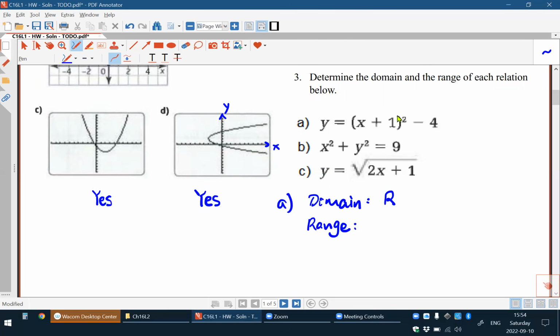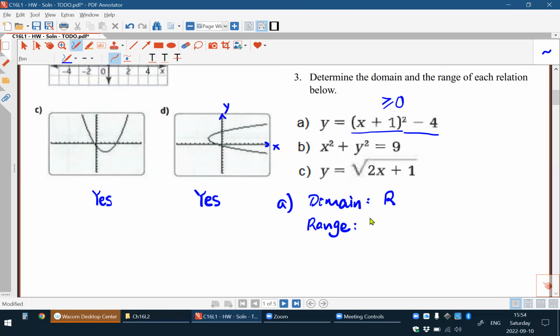The range is all possible values of the image of x, but how do you find the range? This part is always greater than or equal to 0, and this whole part is any real number that is greater than or equal to -4.